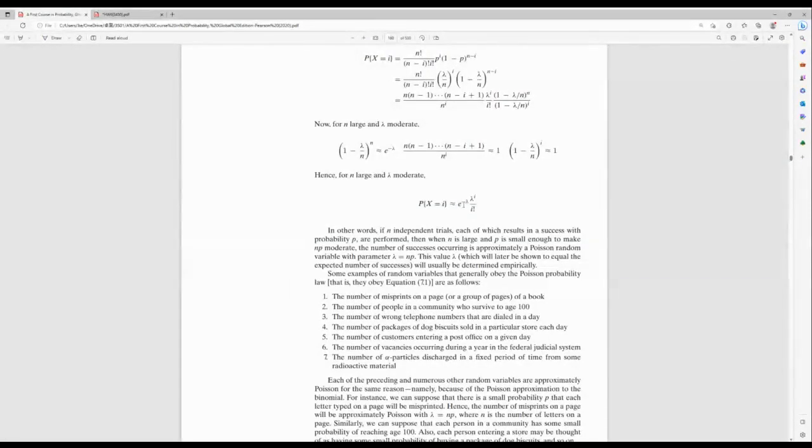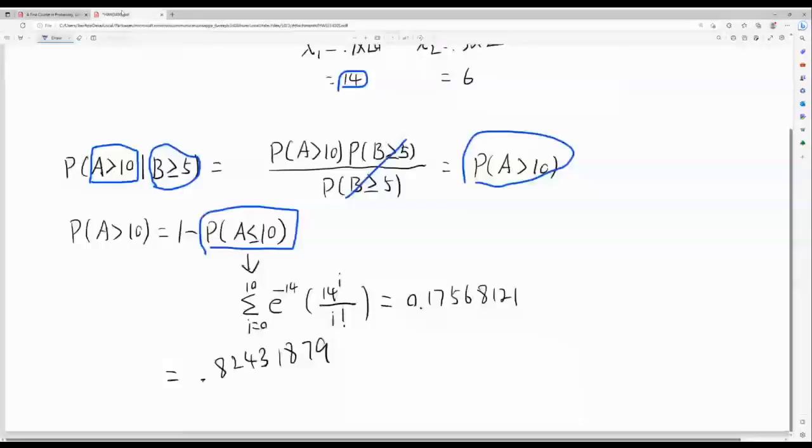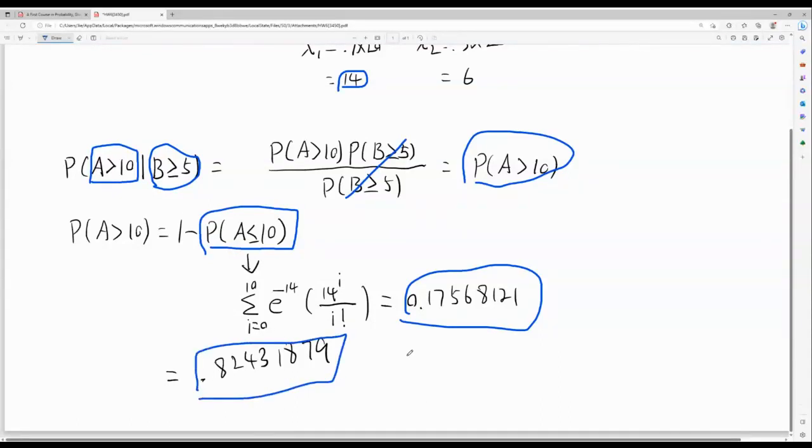So we got e to the negative lambda, times lambda to the i, divided by i factorial, and we use a sigma to cover when i is 0 to when i is 10. And then we subtract this from 1, we got this.